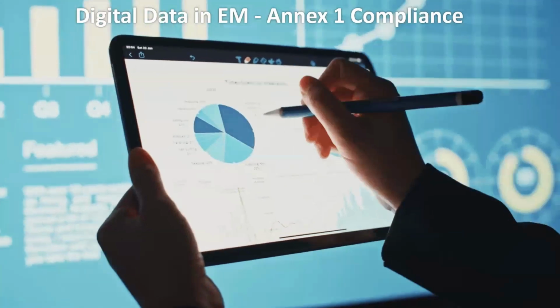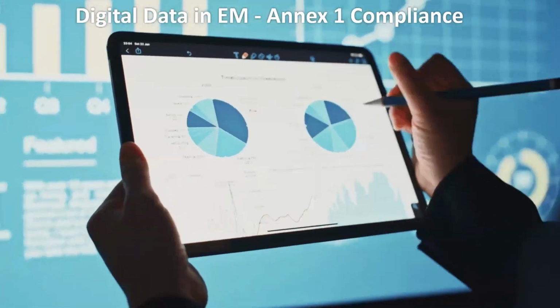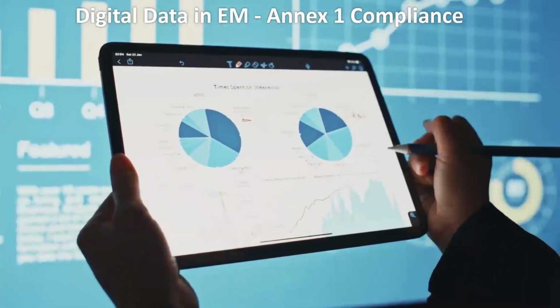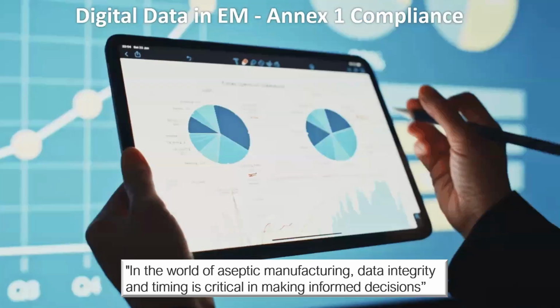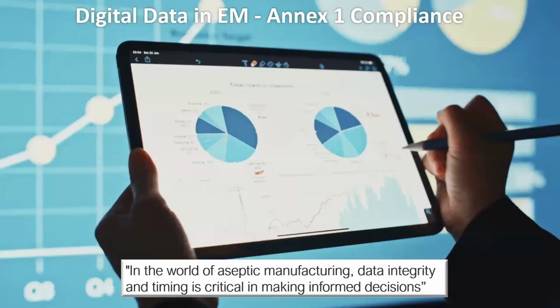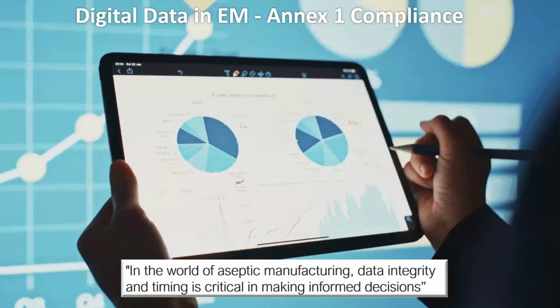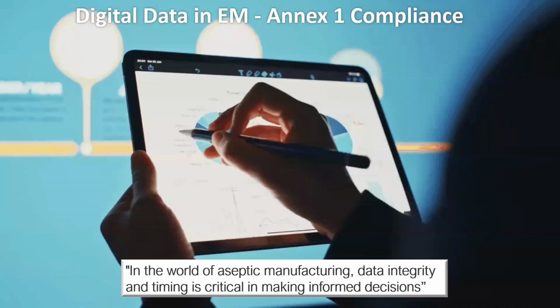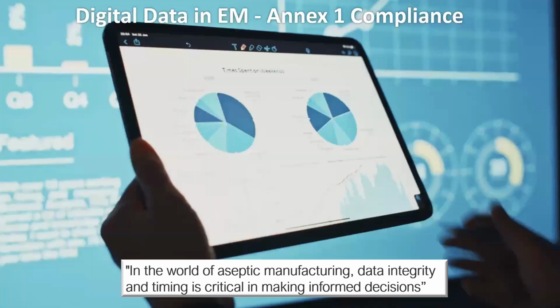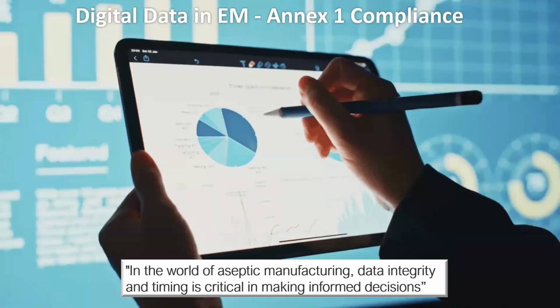So in the world of Annex 1, digital data is king. The heart of Annex 1 compliance lies in digital data. And real-time monitoring through advanced devices like smarter, digitally advanced particle counters and air samplers connected to automated monitoring systems provides a data-driven foundation for environmental monitoring, ensuring that we meet the stringent Annex 1 regulations.